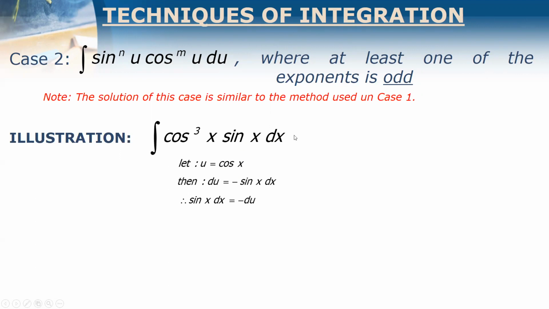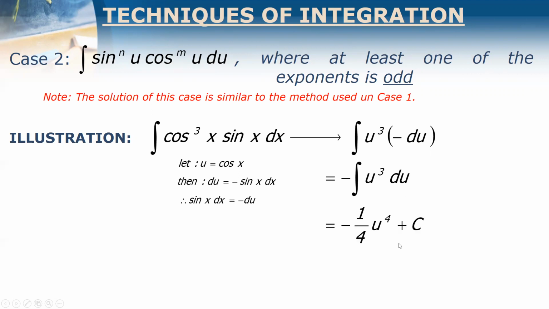So the result is the integral of u cubed and negative du. So, negative integral of u cubed du. The answer is this, and replace u by cosine x. It's very easy, since m is just equal to 1.